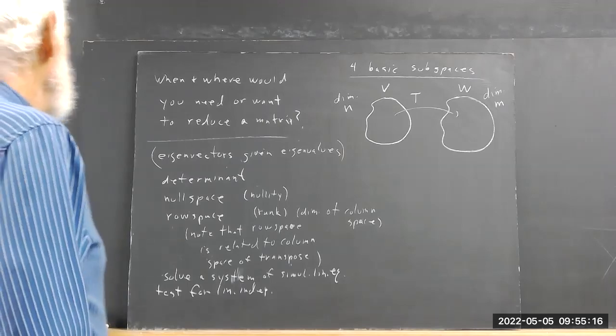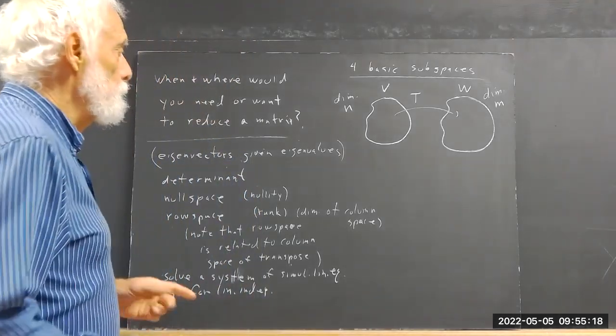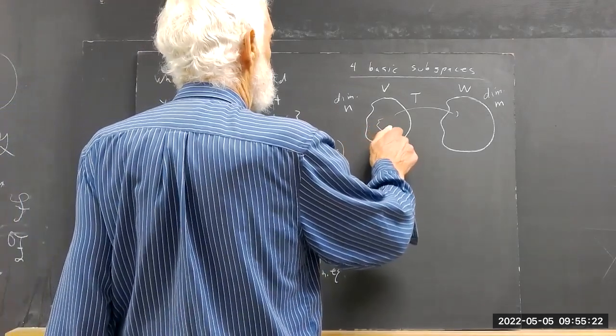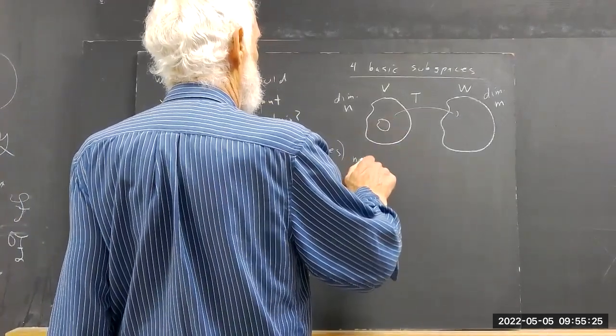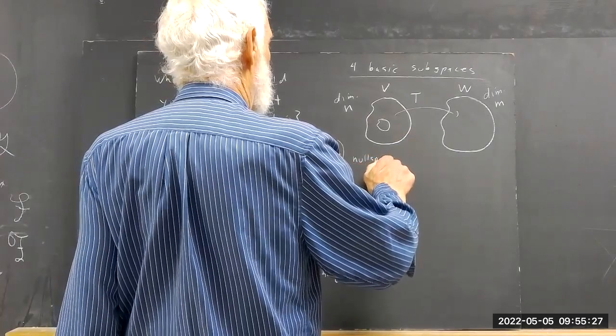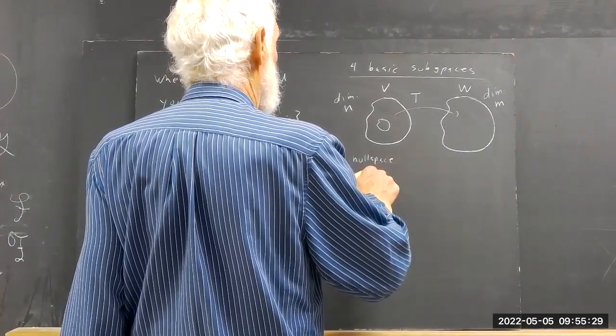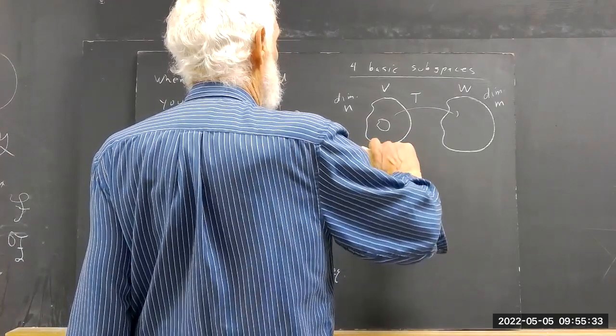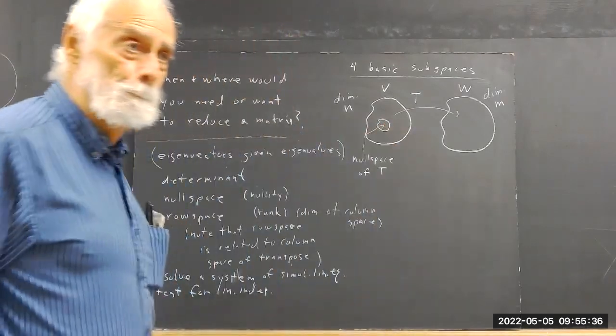Okay, so first place, you have the null space of your transformation. Okay.